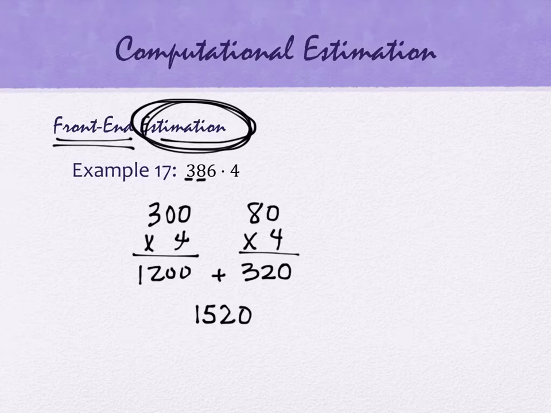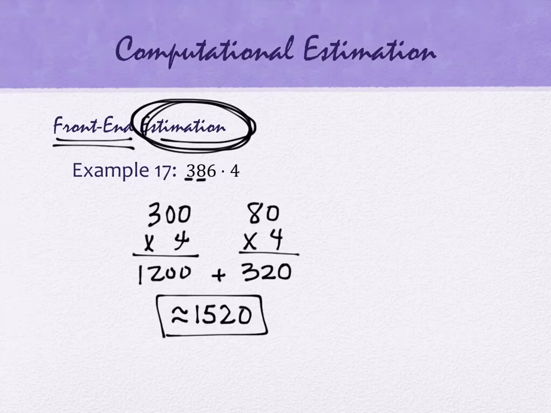And this is approximation, so you'll notice I put my approximate symbol. This is not the answer to the question exactly. Because I can't really ignore the 6 and get an exact answer, but that's exactly what I did. I ignored the 6. Okay? So if something references front-end estimation, it's the first 2 digits that it's referencing multiplying by the other value.